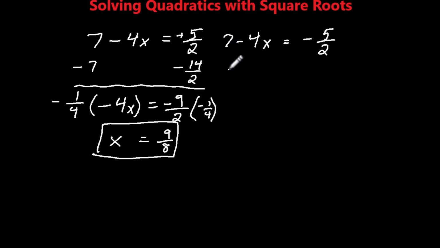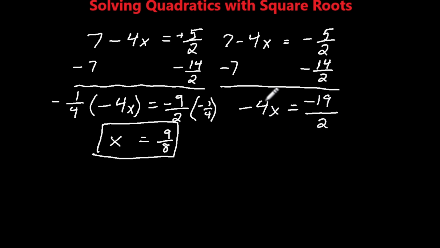And for this one, I want to do the same thing, subtracting 7 from both sides. But over here, it will again be minus 14 over 2. So that'll give us minus 4x equals. And this time, signs are the same, so we add and keep the sign of the bigger one.